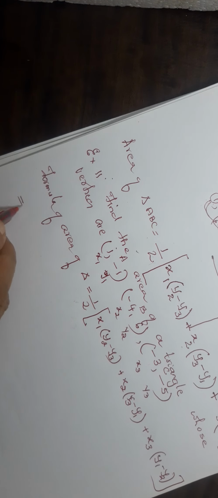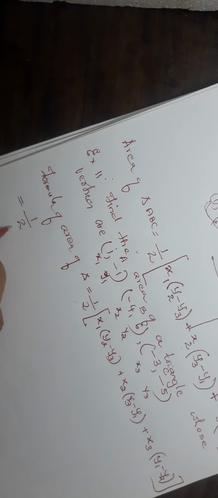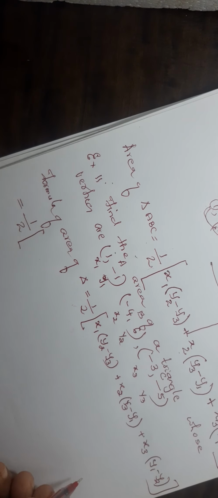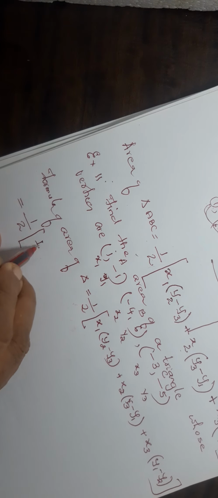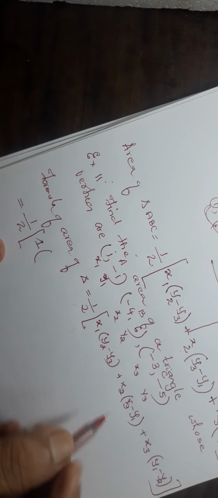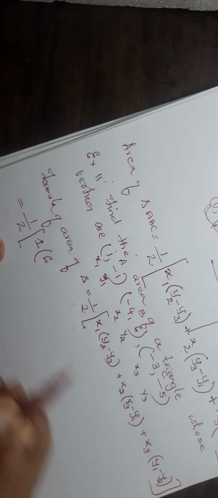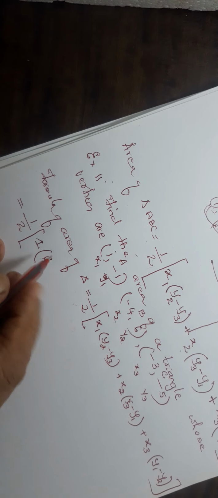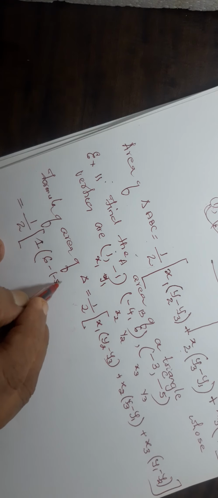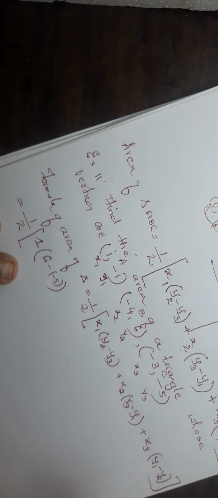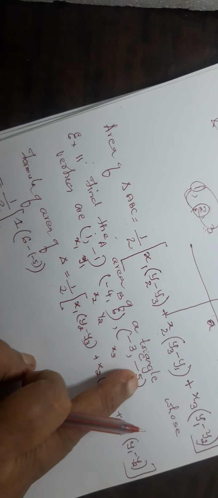So this is equal to, see now what I am going to do, half. Okay, x1 is 1 bracket y2, so 6, minus y3, minus of minus 5. You have to be very careful with the signs. 3 is y3 here.